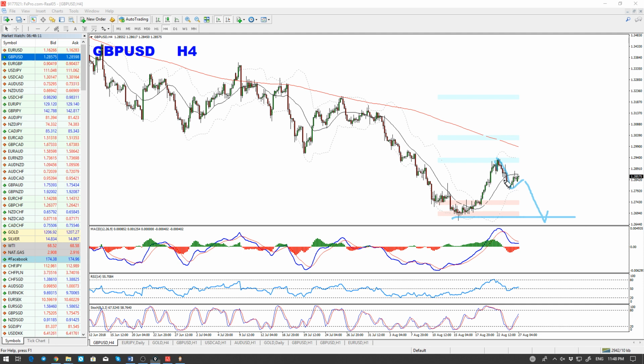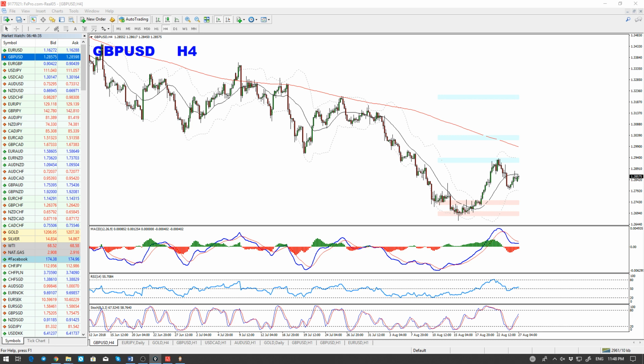So at the moment we get two waves, we can start looking for the buys. If the pair has 1, 2, that would be a suspicious sign, very likely to continue further down. And that's what I want to see personally. One more drop, start looking for the buys. Even if it's a new low, it doesn't matter.